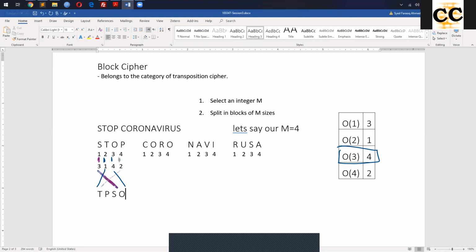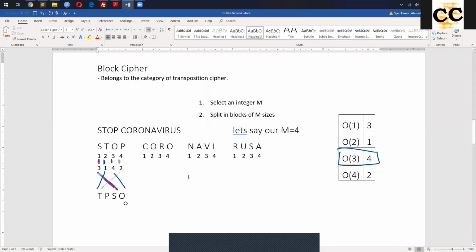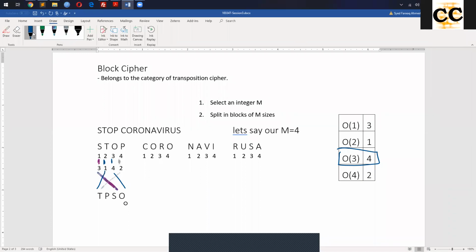Okay, so you can see how we are just repositioning each letter in the block to some other position in the block. So we're just shuffling them up by some technique that we call the function phi of n. So this is our shuffle function.